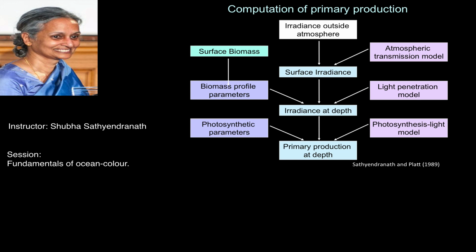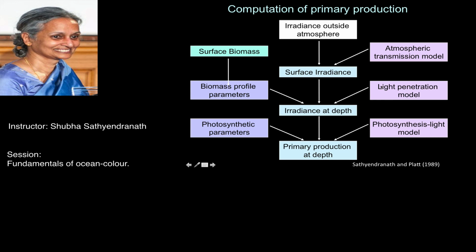NASA, if you go to their Ocean Color website, you'll find a PAR product that tells you the total irradiance at the sea surface. Now, ESA is working out a method by which it can be provided in a spectrally resolved form. Anyway, one way or another, if you have light at the sea surface, then you need a light penetration model, which basically means that you have to assign a value of k. And if it is a spectral model, you need spectral k to compute light at any given depth.